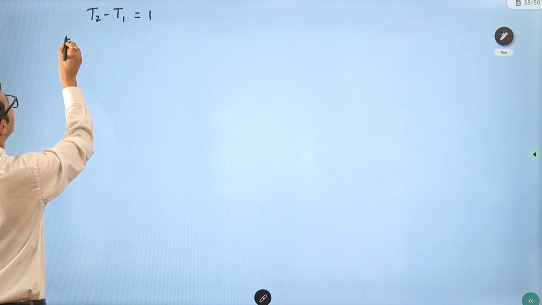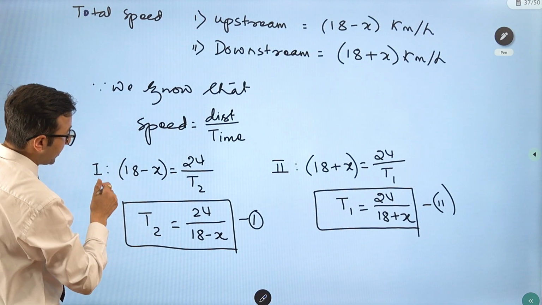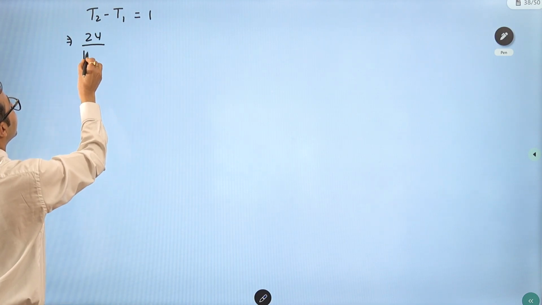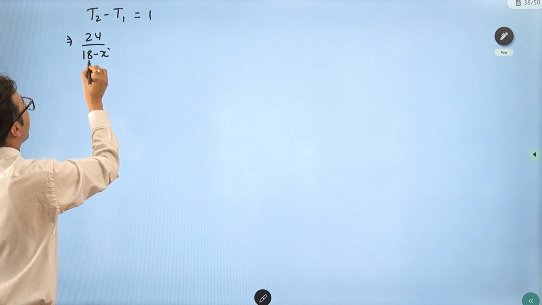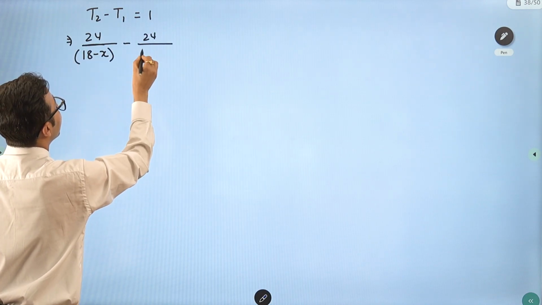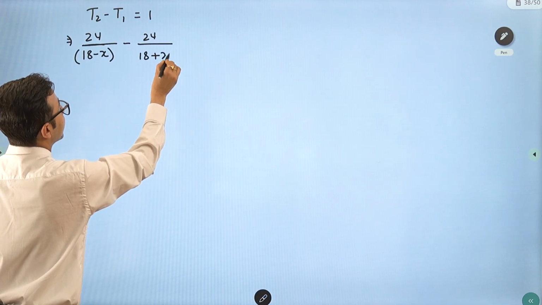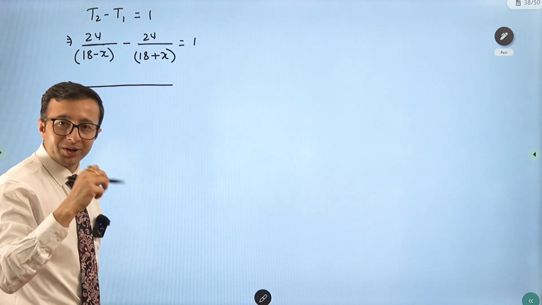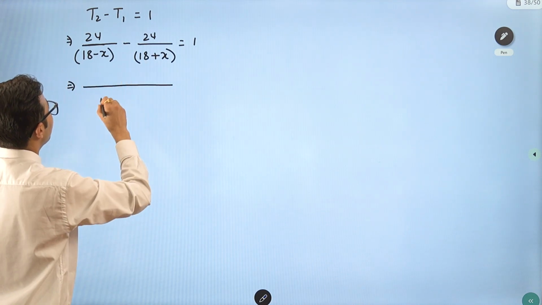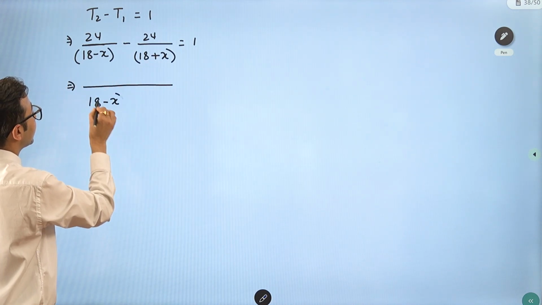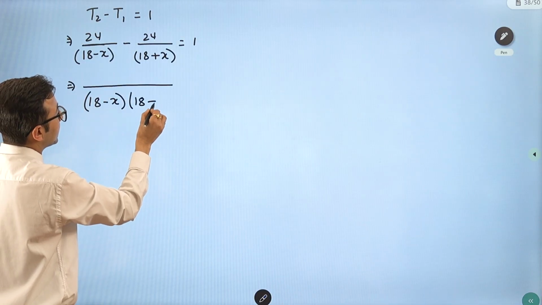So how much is T2? We will replace from here. T2 is 24 by 18 minus x, and minus T1, which is 24 divided by 18 plus x, gives us 1. This is a quadratic equation; in the previous video, we have solved such types of problems. If you multiply the denominators, you get 18 minus x into 18 plus x.